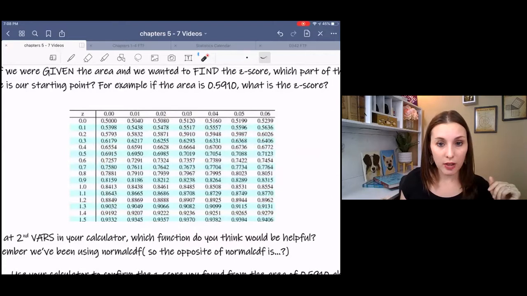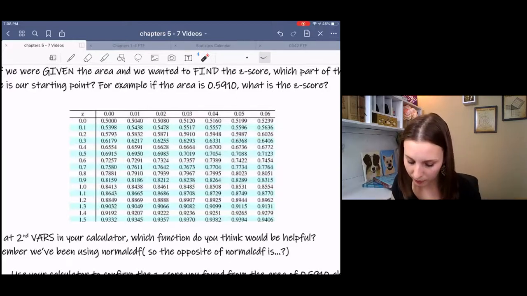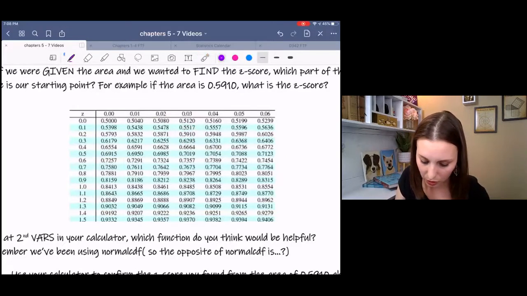So it says, if the area is 0.5910, what is the z-score? So we're kind of working backwards. So we go in here and we look for 0.5910. I'm going to circle it.